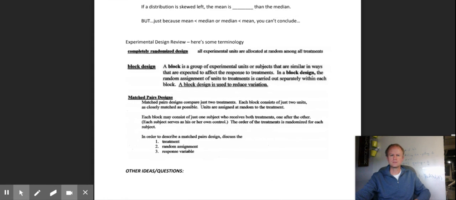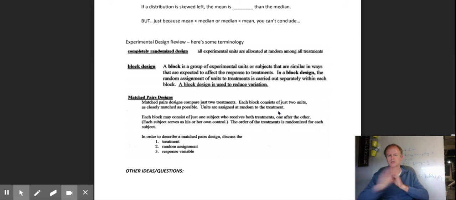Okay, some things about experimental design. When it asks you what sort of experimental design you have, the common answers are either completely randomized, block, or matched pairs. There was an activity I posted in the assignment where you had to read an experiment and try to decide what sort of design it was.